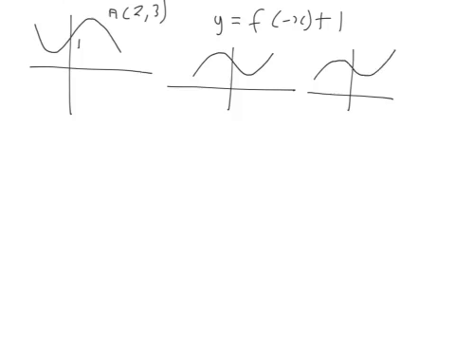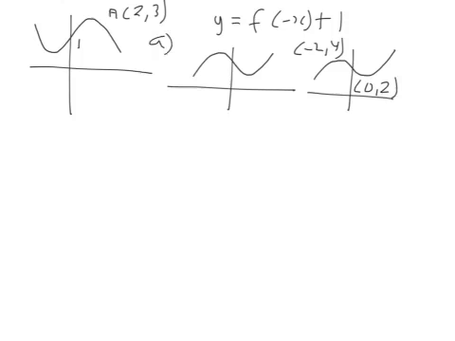So this point here, 2, 3, became minus 2, 3, now it's at minus 2, 4, because 1 is added to it. And this point here was at 1, so that's at 1, so now that point there is at 2. It does say show the coordinates, so we should write it as a coordinate.